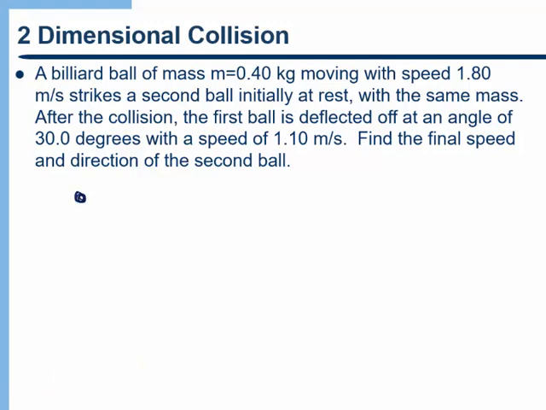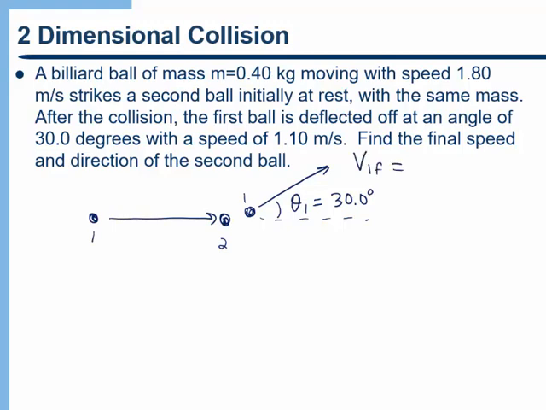So very similar to the last question, we've got our first object coming in, and it's going to collide with object 2, which is initially at rest. After the collision, object 1 is going to go off at an angle of 30 degrees. So theta 1 is 30 degrees, and it's going off with a velocity v1 final of 1.1 meters per second.